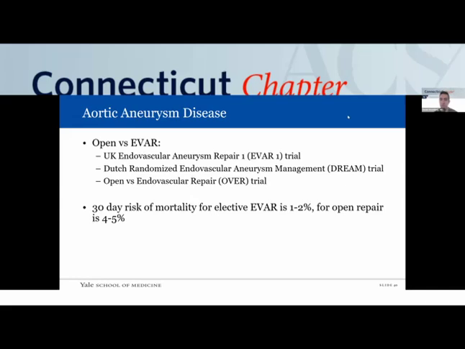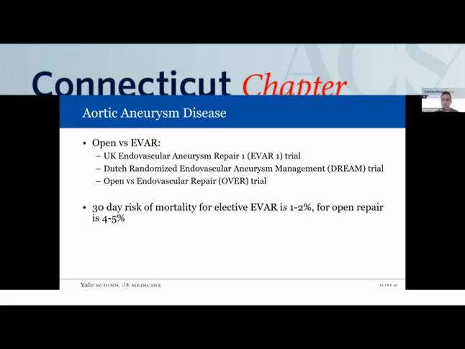That's why we typically wait to fix aortic aneurysms until they get to 5.5: below 5.5 the risk of repair is above the benefit. Once it crosses 5.5, then the benefit goes above the risk of repair.